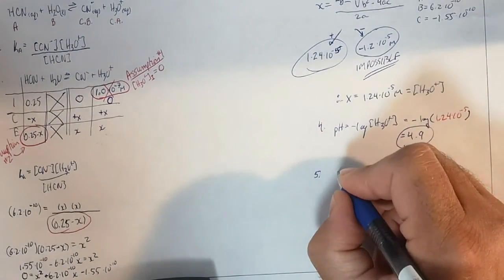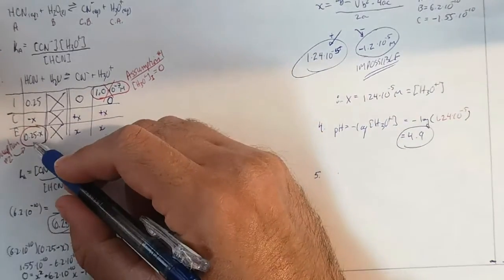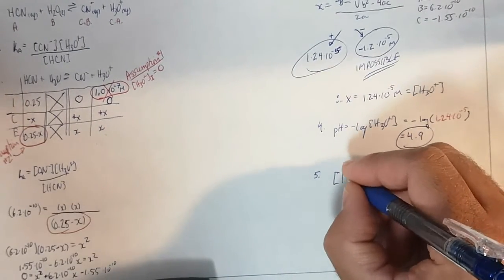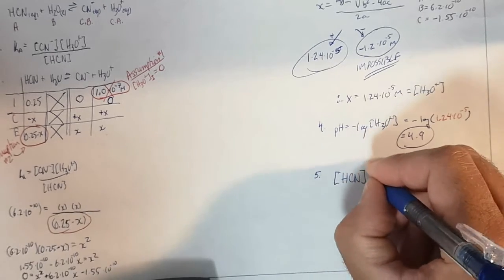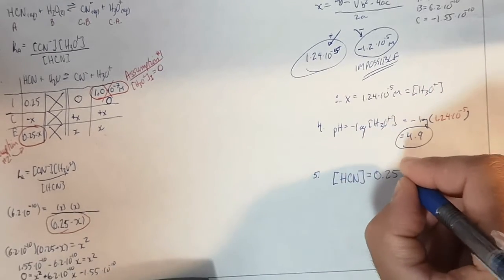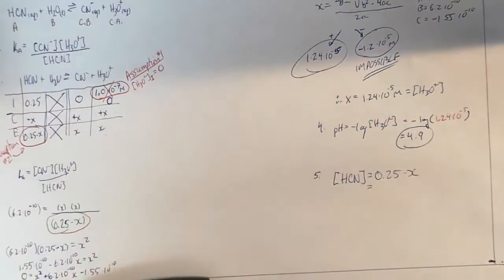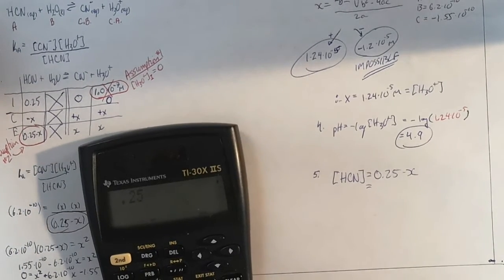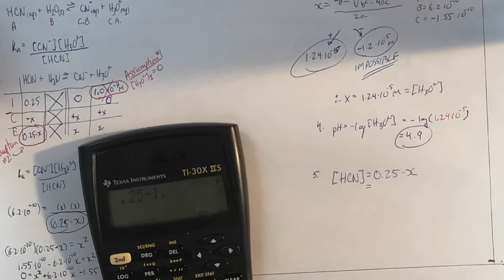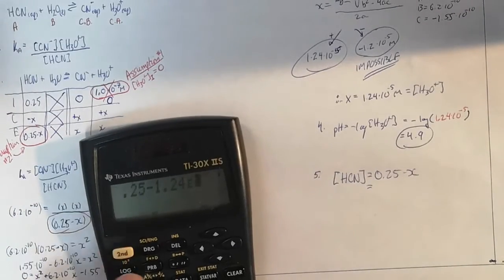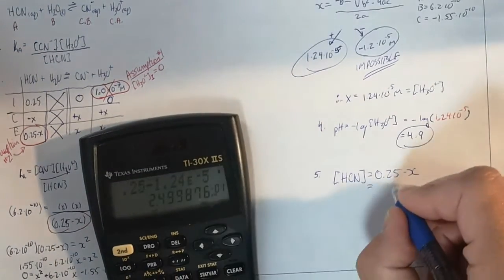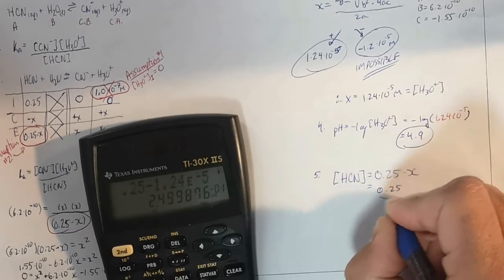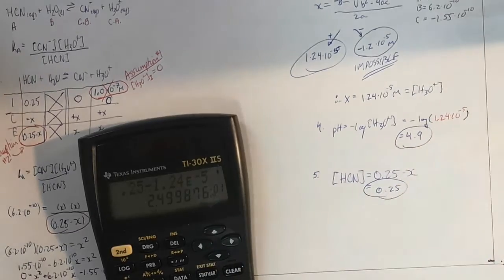Well, if we go back to our assumption that the equilibrium concentration of HCN is equal to 0.25 subtract x, that's 0.25 subtract 1.24 times 10 to the negative 5, we get, rounded, 0.25.